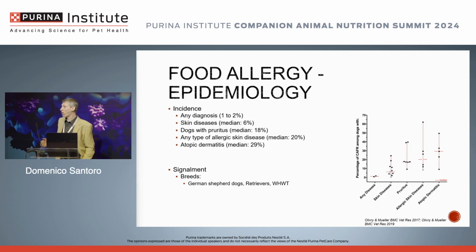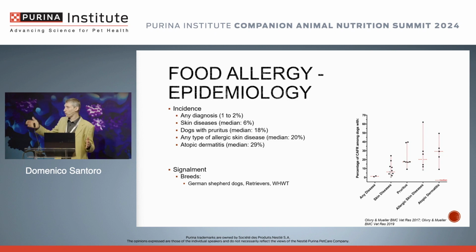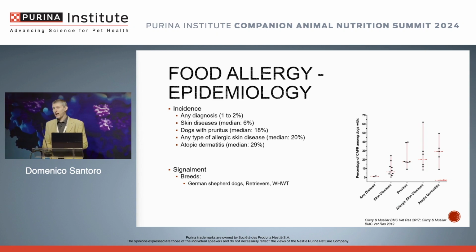So with Dr. O'Mahony, we saw the atopic march, how in people everything starts with the skin and atopic dermatitis, and then it evolves with acquiring a food allergy, then rhinitis, and then asthma, which is a beautiful model that they have in humans. Well, that doesn't really happen in our patients. Our dogs do not get asthma very commonly. They do not get allergic rhinitis very commonly.